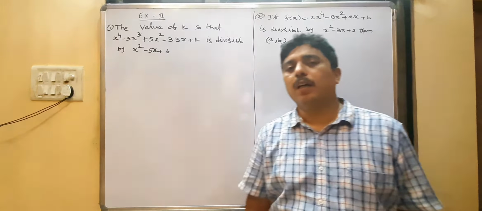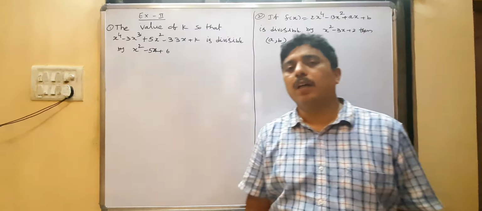So 16, 8 threes are 24, 5 fours are 20, minus 66 plus k. So 36 minus 66 is minus 30, minus 24 is minus 54, plus k equal to 0. Then obviously k equal to 54.